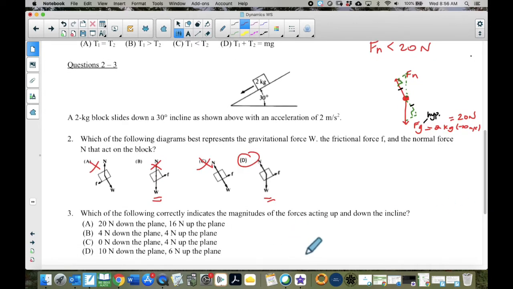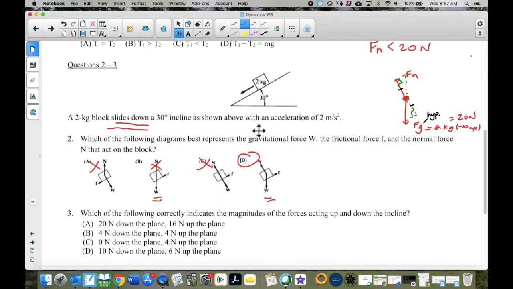Now question 3 continues on with the same diagram. So which of the following indicates the magnitude of the forces acting up and down the incline? So what's acting up and down the incline? Well, we have friction going up the incline, and we have the actual box going down the incline, and it does say it's sliding down the incline.